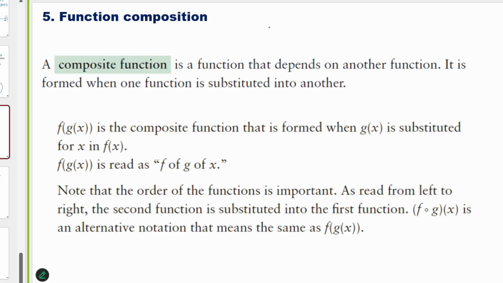A composition function is a function that depends on another function. It is formed when one function is substituted into another, or in other words, we use one function as the input of the other function. For example, f of g of x is a composite function that is formed when g(x) is substituted for x in f(x), or we use g(x) as the input of f(x), and it's read as f of g of x.